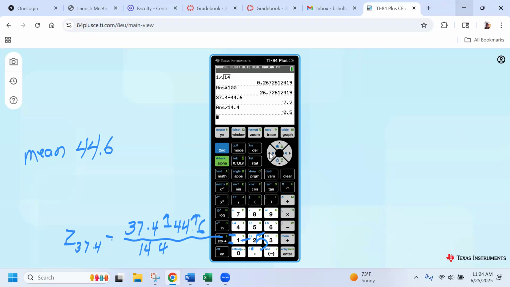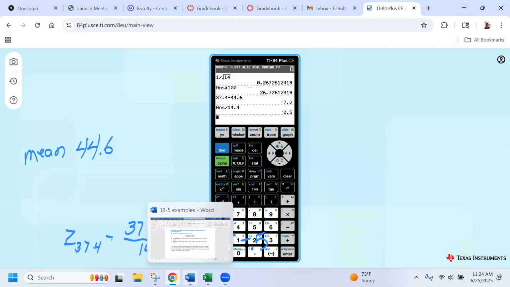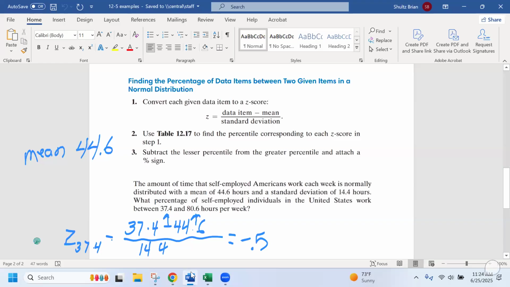Let's do the second part, where our second z-score of 80.6 is 80.6 minus 44.6, divided by 14.4.